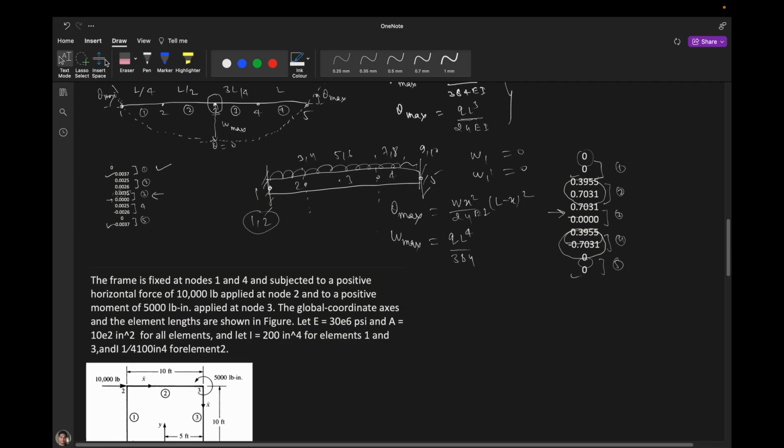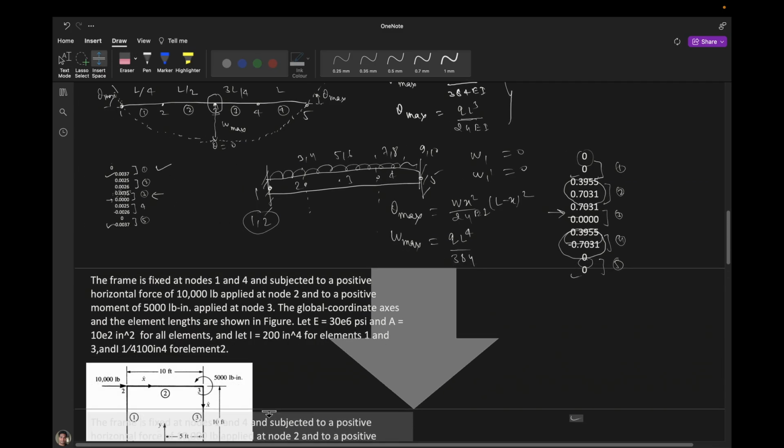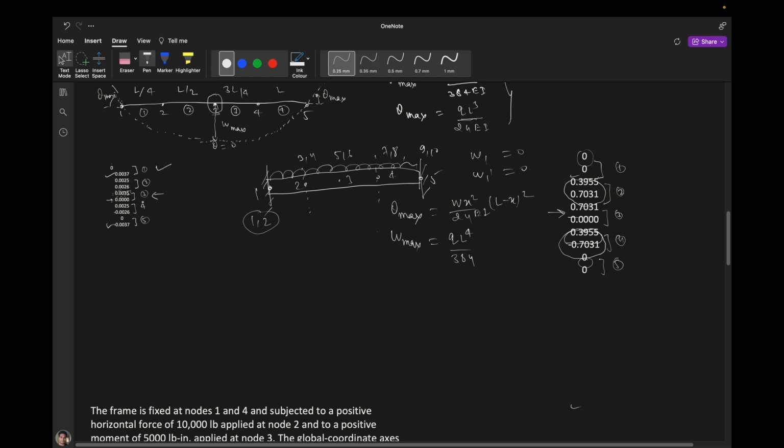So let's try to find theta max. By intuition we already know that theta max will be at point 2. So if we replace x equal to L by 4, we get W into (L by 4) raised to the power 2, divided by 24 EI, into (3L by 4) raised to the power 2.